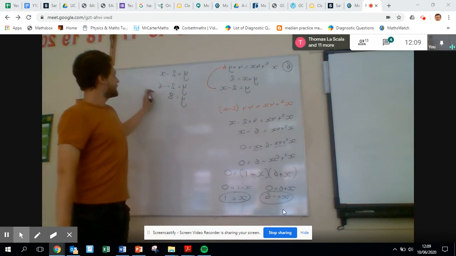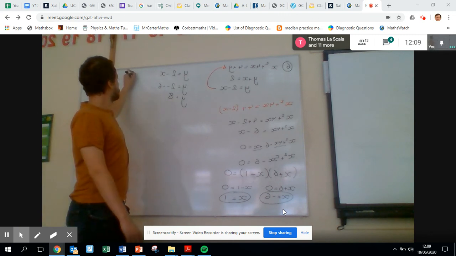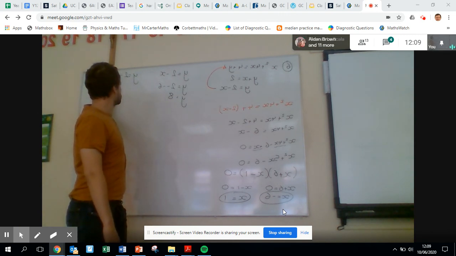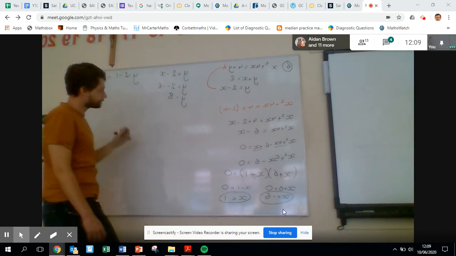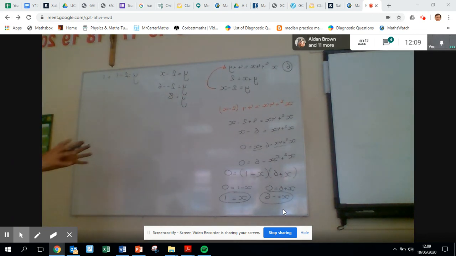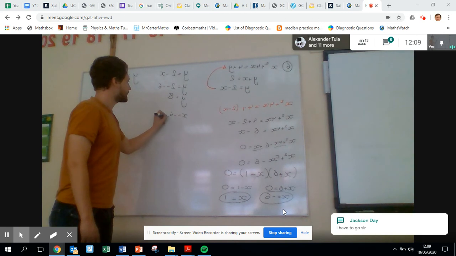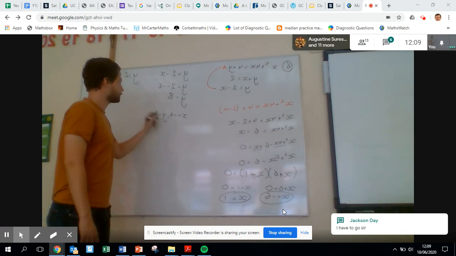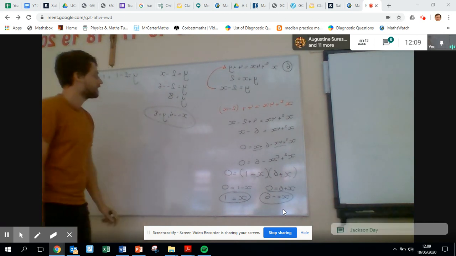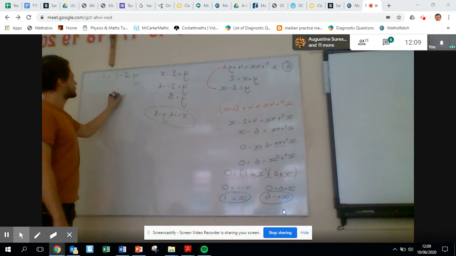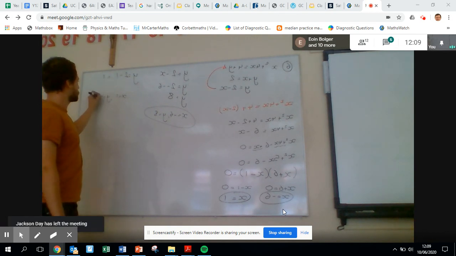And when x is equal to 1, y equals 2 minus 1, which is 1. So our two sets of solutions are x equals minus 6, y equals 8, so there's one set of solutions, and the other set are x equals 1 and y equals 1.